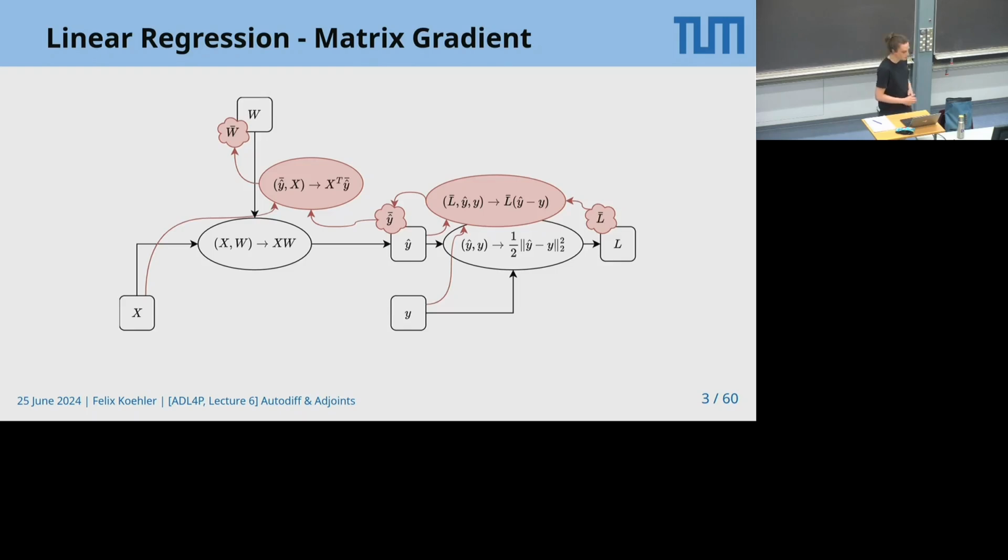You get to a gradient on the prediction of the output, and then ultimately you can backpropagate the gradient into the parameter space. You get your W bar, and this is essentially the derivative you will then plug into your gradient-based optimizer.